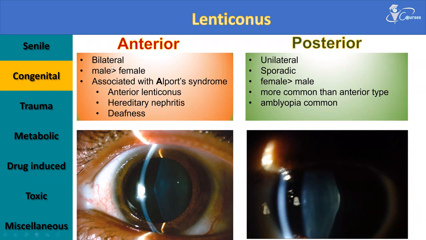The anterior tends to be more bilateral, while the posterior is more unilateral. Anterior is more common in males than females, while posterior is more common in females than males. Posterior tends to be more sporadic. Anterior can be associated with Alport syndrome, which is characterized by anterior lenticonus, hereditary nephritis, and deafness, while in the posterior, amblyopia is more common.